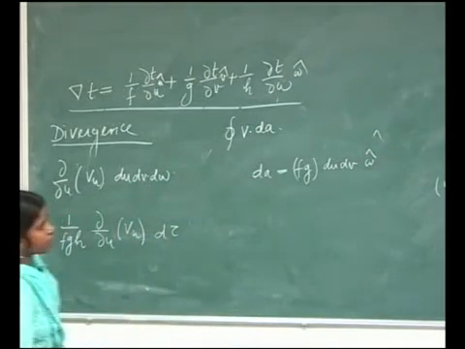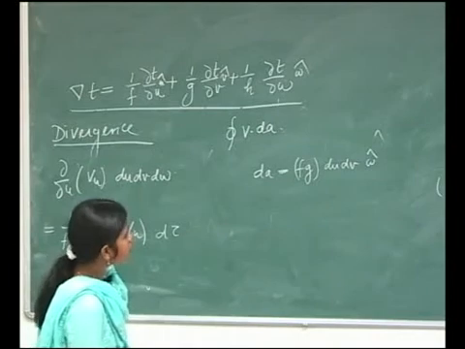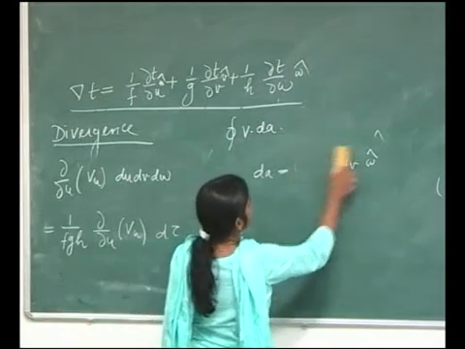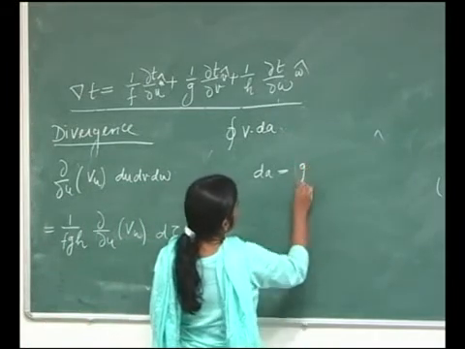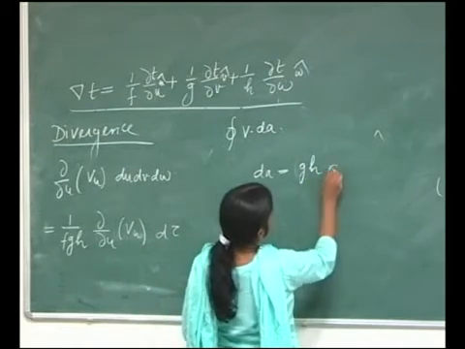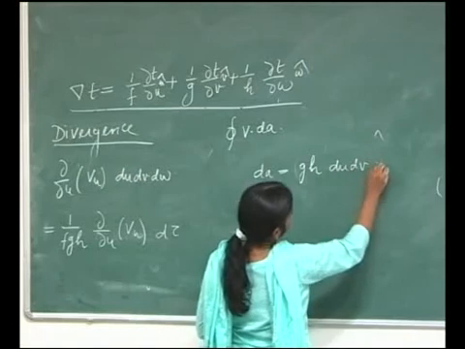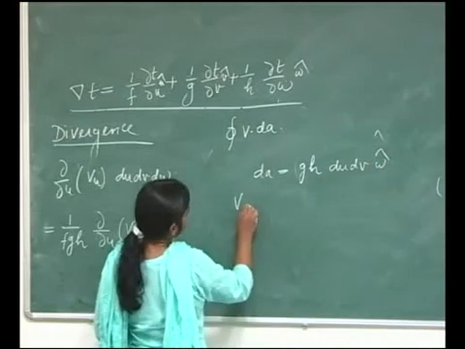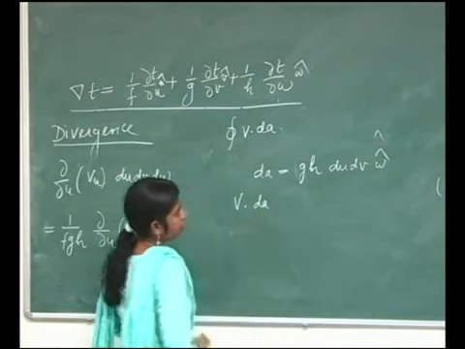We had worked this out. Now we were taking GH. So this is GH and that is du dV into W cap. So what is V dot dA?